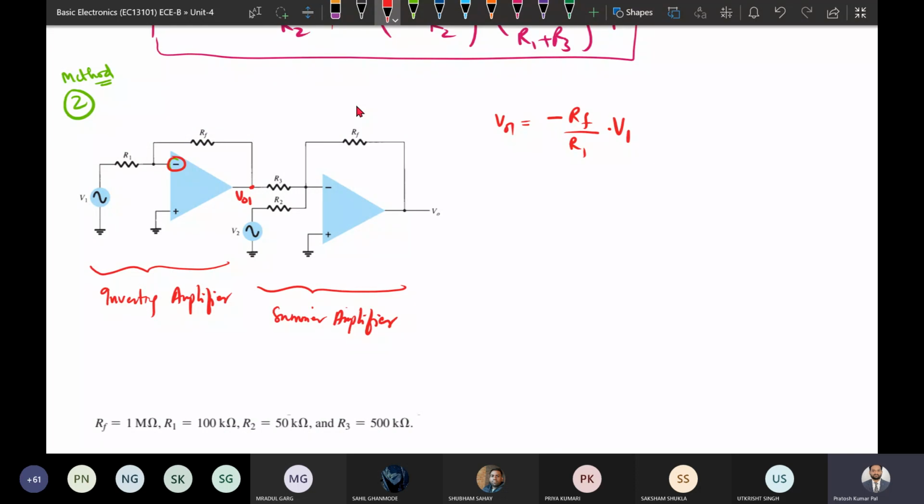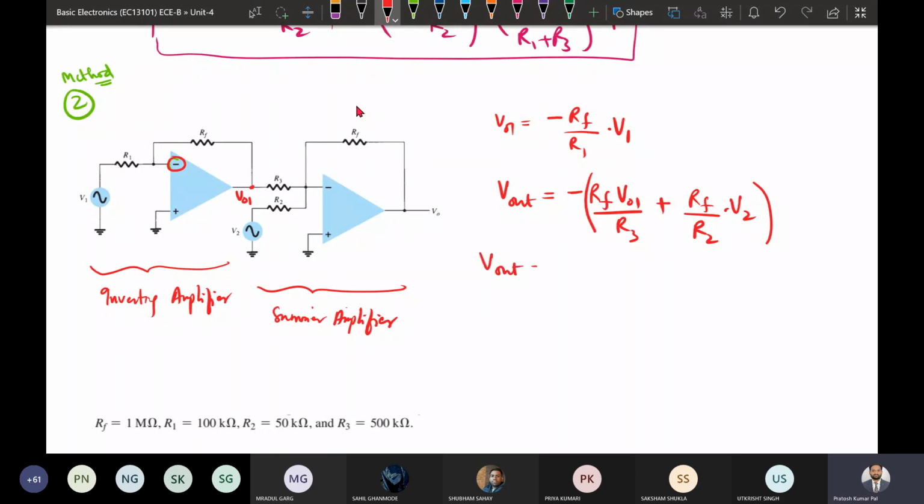By using the summing amplifier, with V1 and V2 and RF, R3, R2, the V output is minus RF into input 1, that is V01, divided by the resistance R3, plus the second input, V input 2, with RF divided by resistance R2. Okay, so this is the V output.